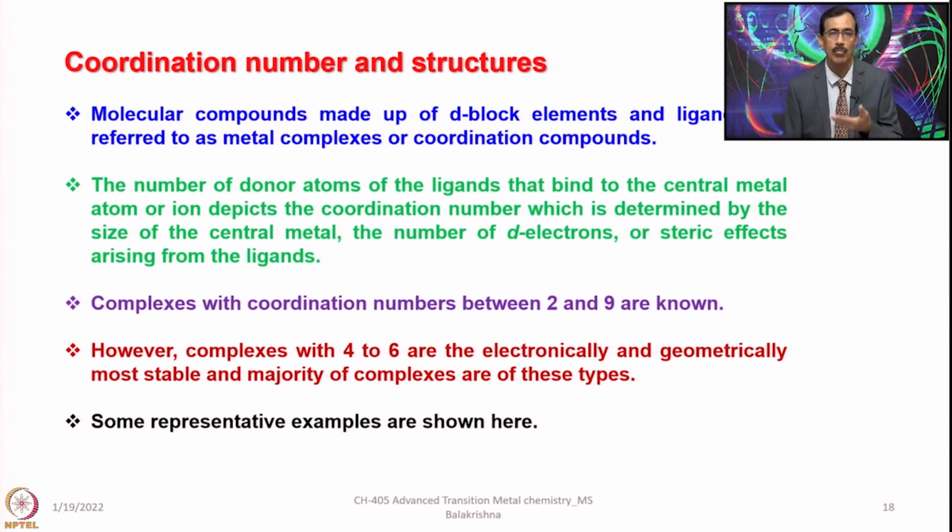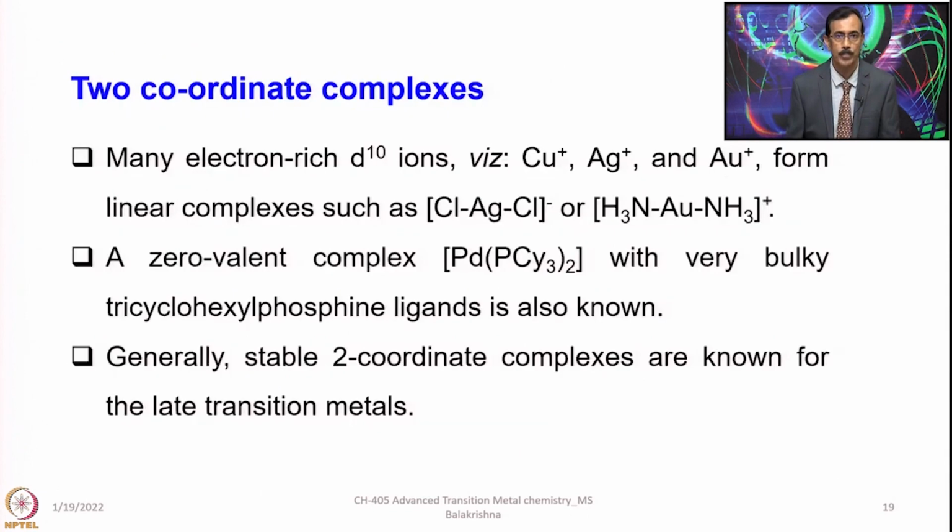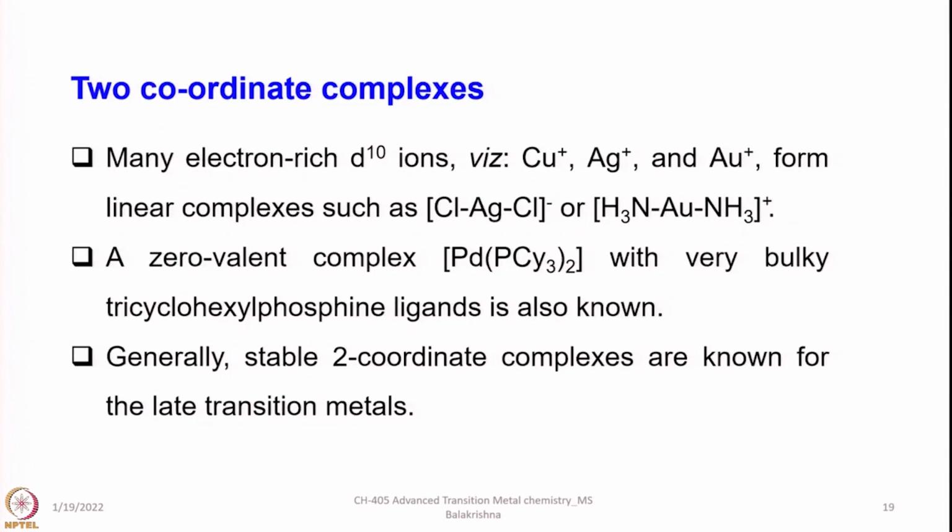When coordination number 4 is there, they can have tetrahedral or square planar geometries. Some representative examples I can show. Let us look into 2 coordinate complexes. Many electron rich ions, particularly those having 10 electrons in their valence shell or d10 electronic configuration, such as copper plus, prefer this.